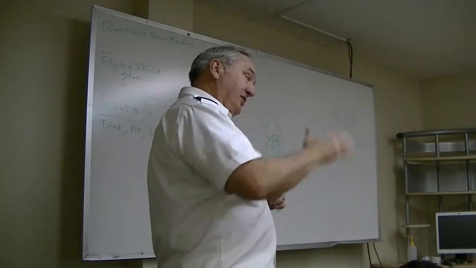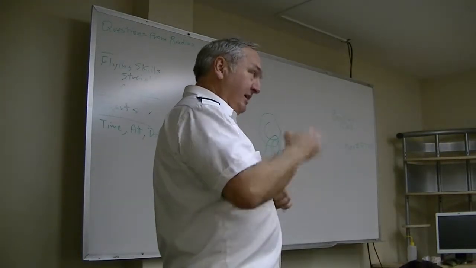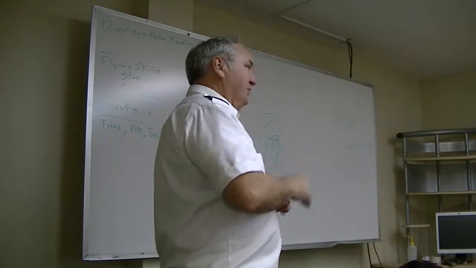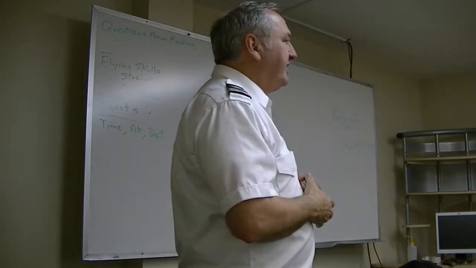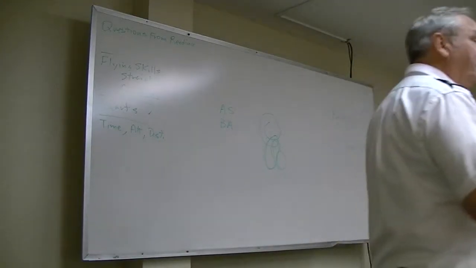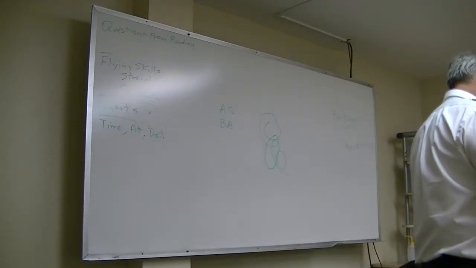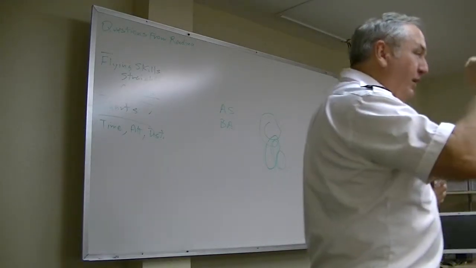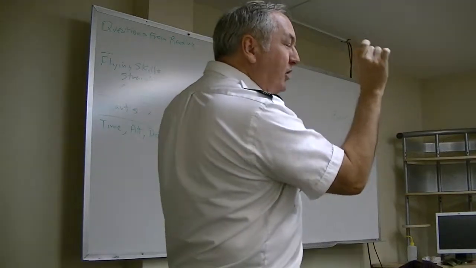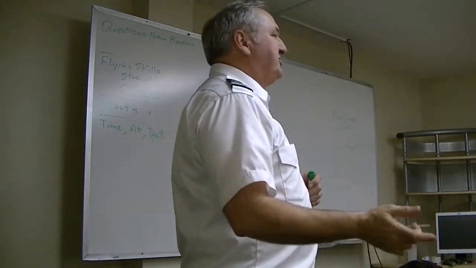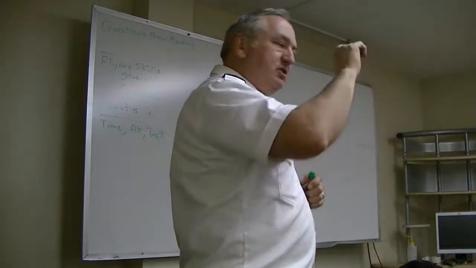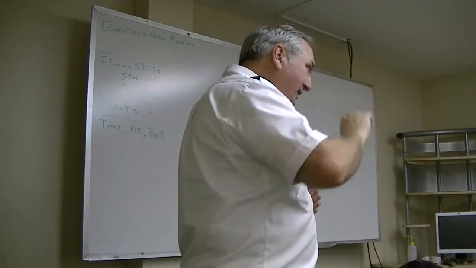But if I'm off pitch by 1 or 2 degrees, especially if it's down, I'm going to have an increase in airspeed of about 15 to 20 knots before I even begin to think about it. Okay? So the point is, discriminating 1 degree of bank is not nearly as important as being able to discriminate 1 degree of pitch.